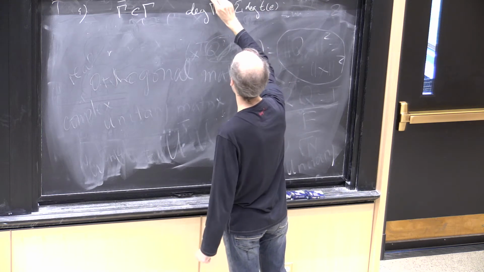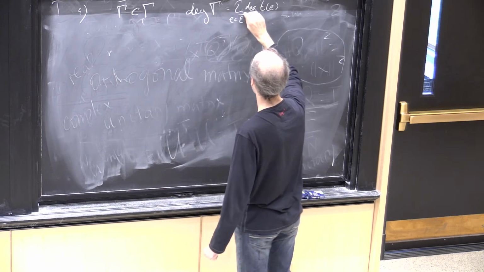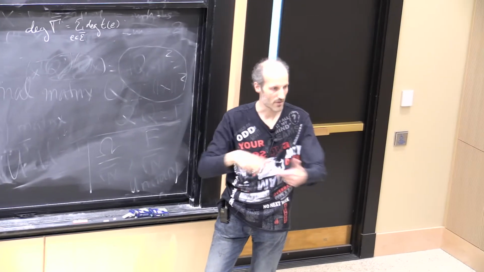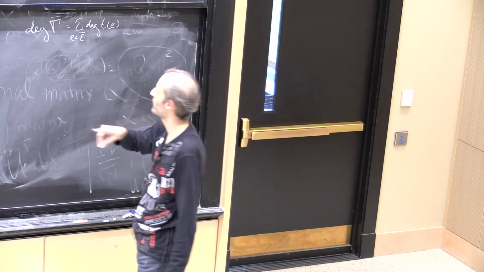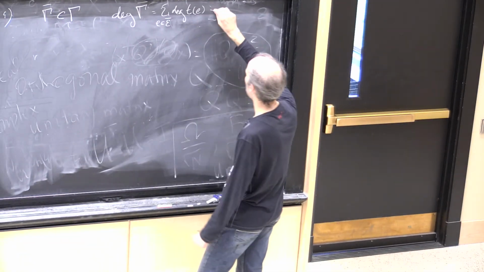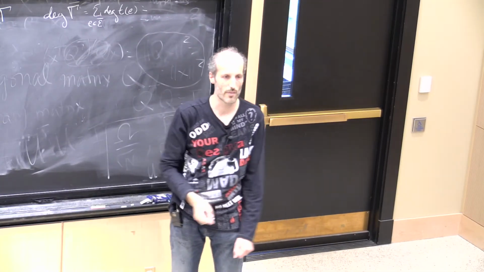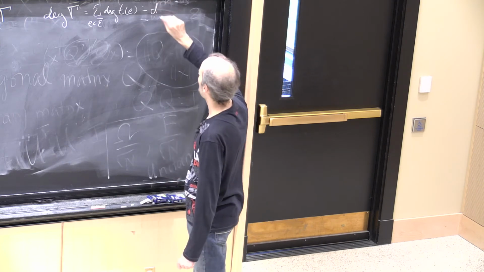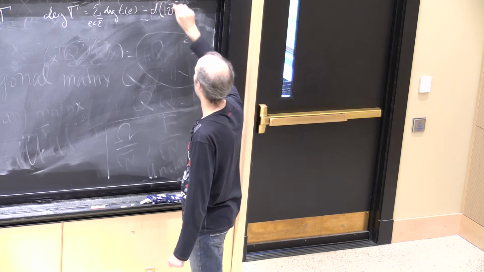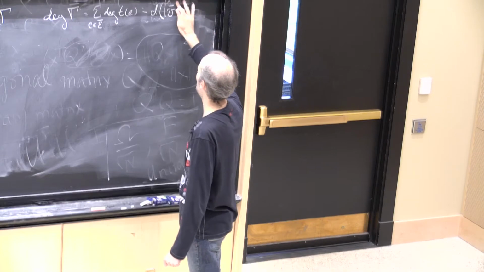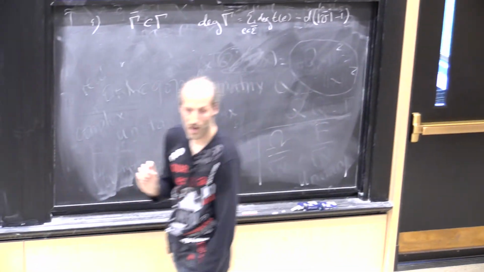So say gamma bar: take the edges in E bar, which is all of the edges in gamma bar. You take the sum of the degrees of all the edges, and then the natural thing is to subtract from this the dimension of your space times the number of vertices of the subgraph minus 1. Why?